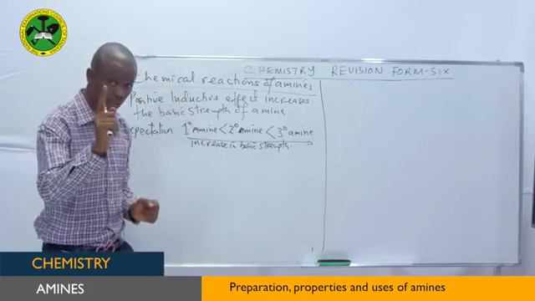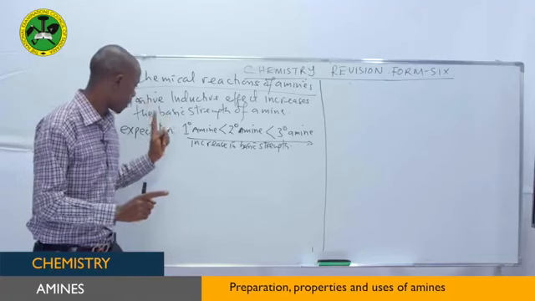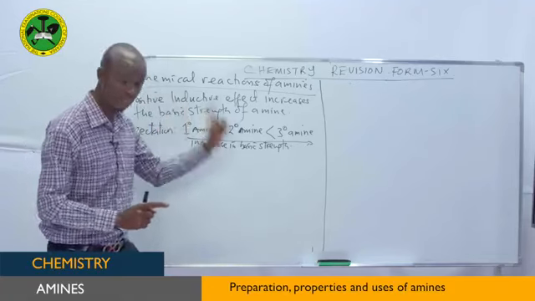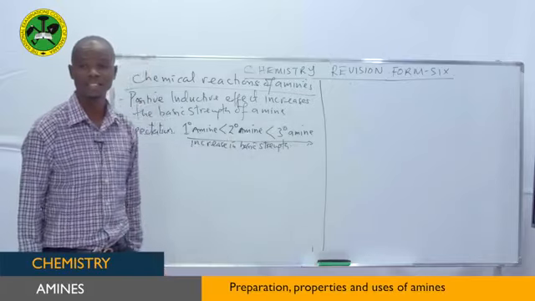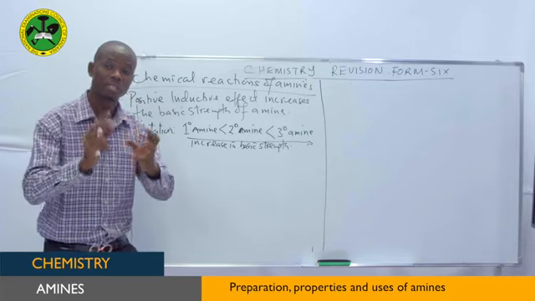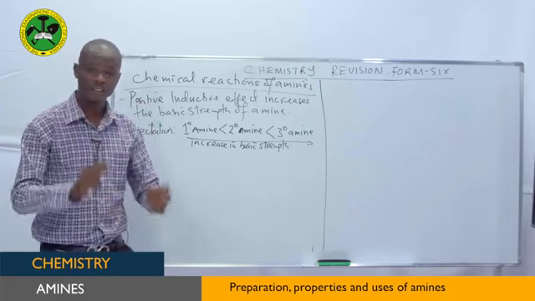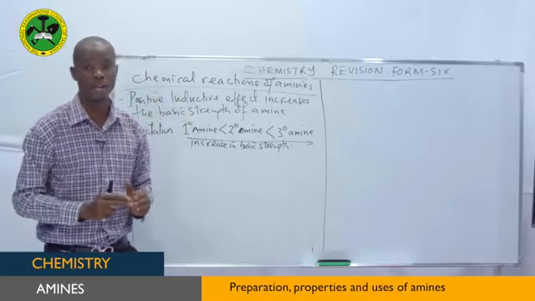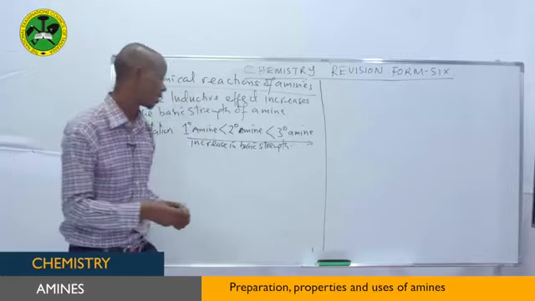There is something that you have to note there. Explaining the basic strength of amine as per positive inductive effect, this is our expectation. But another factor which limits this expectation is the steric hindrance. If that is the case, we are going to have another arrangement, which is the proper one, because you have to balance the 2 factors.